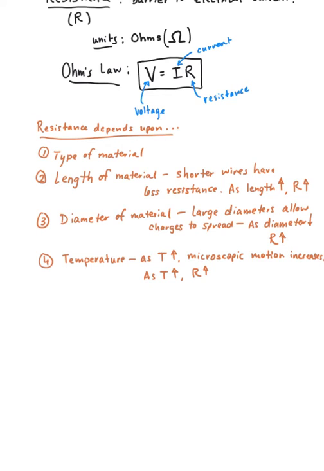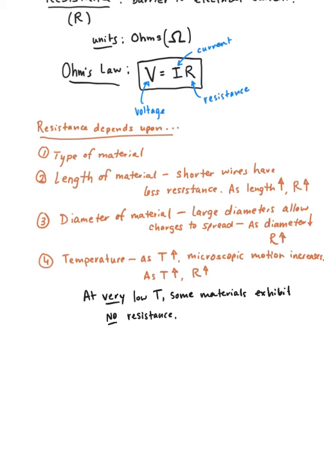As an aside to this, we can say that at very low temperatures, resistance is likewise very low. And for some materials, we can generate almost zero resistance if the temperature is small enough. So at very low temperature, some materials exhibit no resistance at all, or effectively 0 ohms of resistance, almost zero resistance.